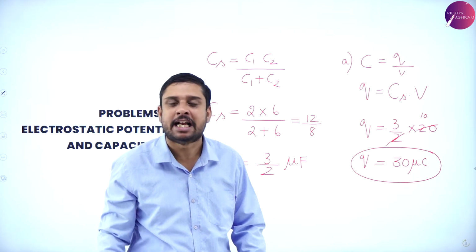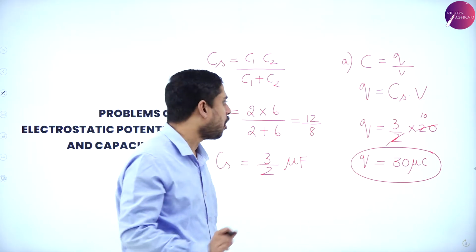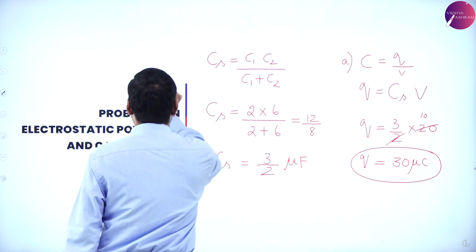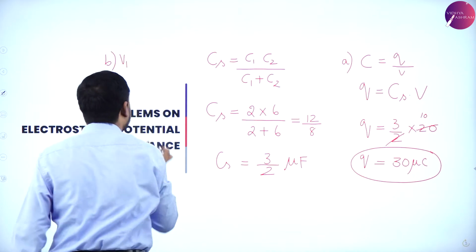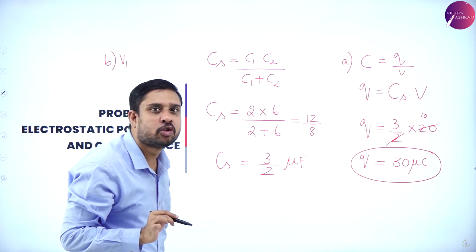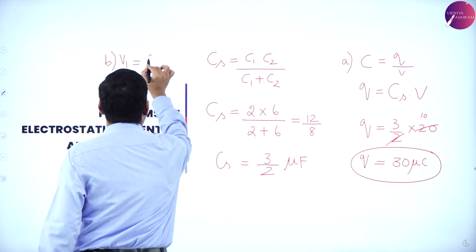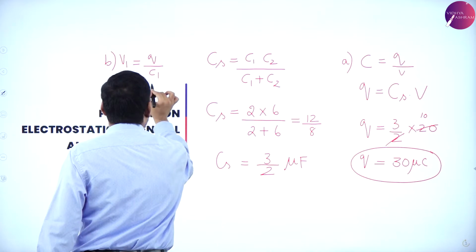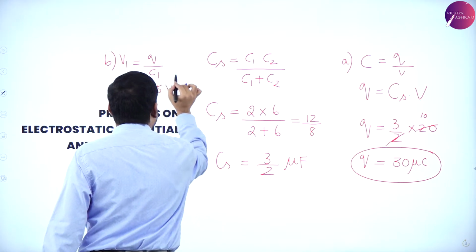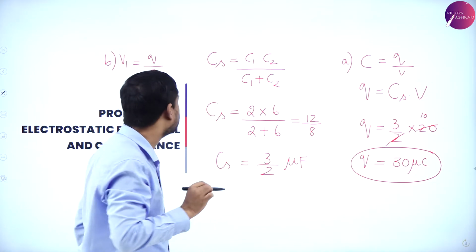Now we need to calculate the potential difference across each. So V1 is the potential across the first capacitor, which is Q by C1, which will be 15 volt. Q is 30, C1 is 2.